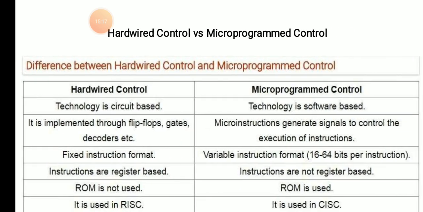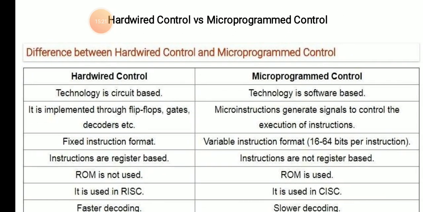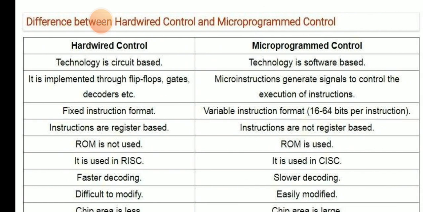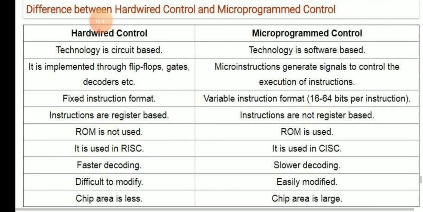Next we will discuss the comparison between hardwired and microprogrammed control. Hardwired: technology is circuit based; microprogrammed: technology is software based. Hardwired is implemented through flip-flops, gates, decoders; in microprogrammed control, microinstructions generate signals to control the execution of instructions. Fixed instruction format versus variable instruction formats.